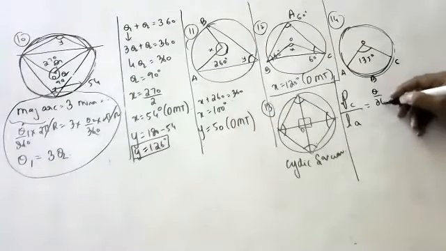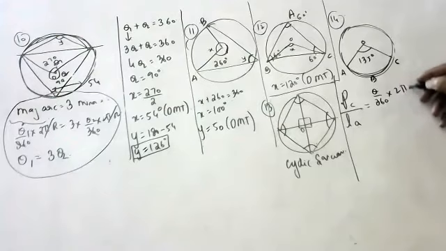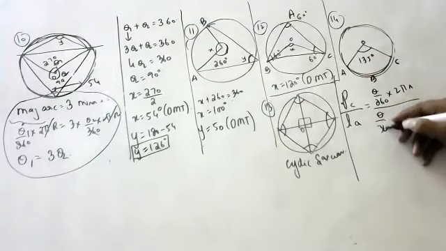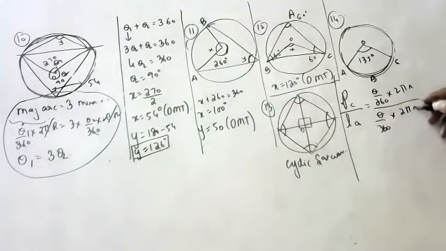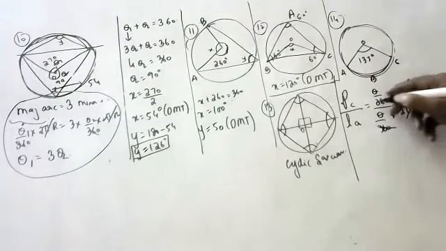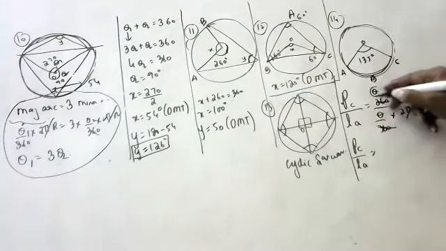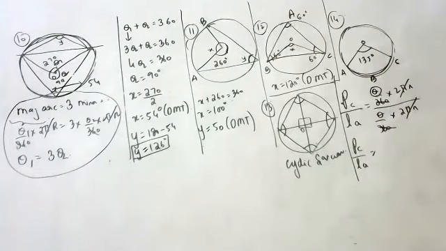So theta by 360 into 2 pi r is the formula I told you just now. Here also theta by 360 into 2 pi r. 2 pi r gets cancelled. For the full circle, what will be the angle, children? 360 degrees.